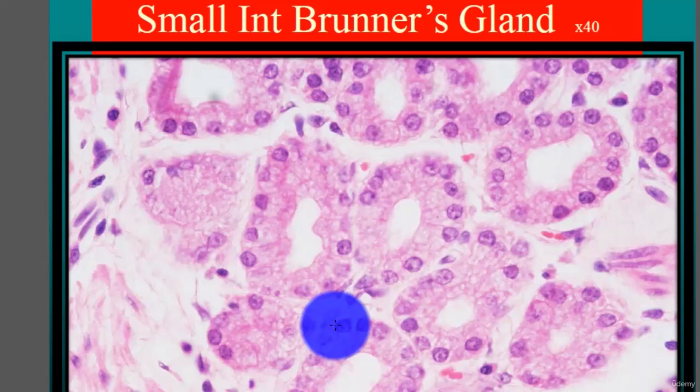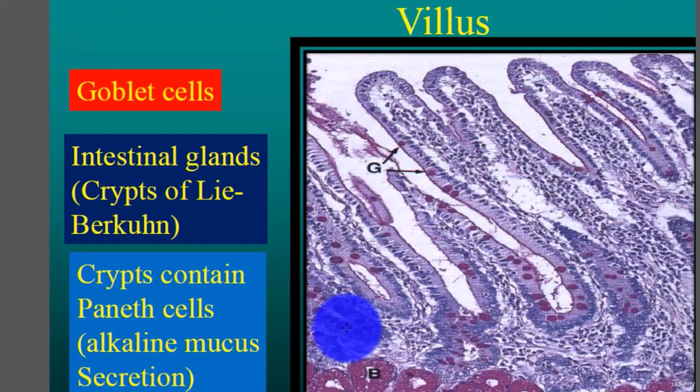Small intestine, Brunner's gland. Intestinal gland, crypt of Lieberkuhn. Goblet cells, the crypt contains epithelium.